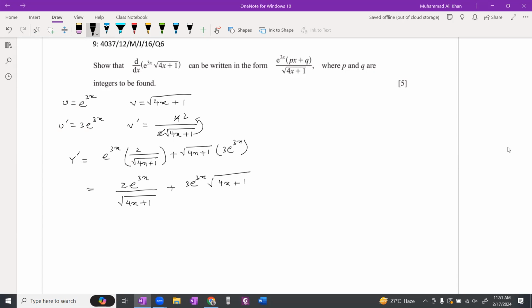After that, we have to take the LCM. So it will be under root 4x plus 1 in the denominator. Here it is 2 e power 3x plus 3 e power 3x, under root 4x plus 1 times under root 4x plus 1, which will give us 4x plus 1. Right? So after that, e power 3x common.